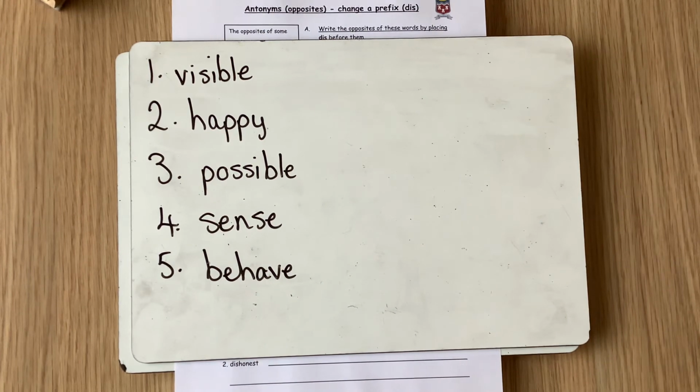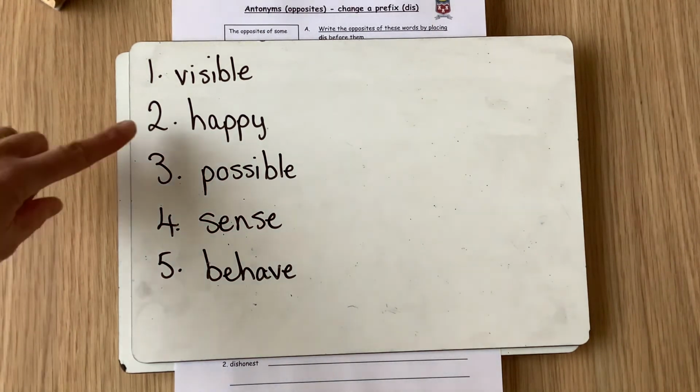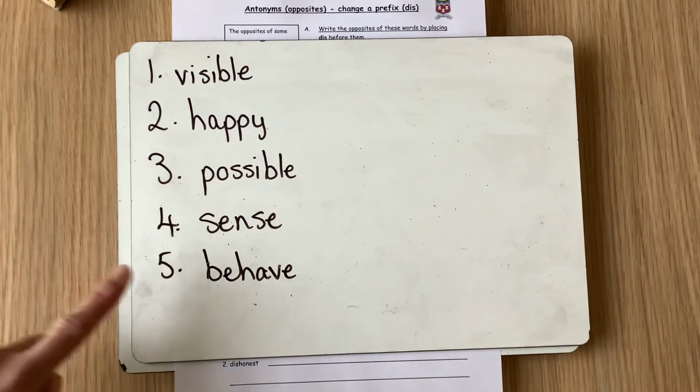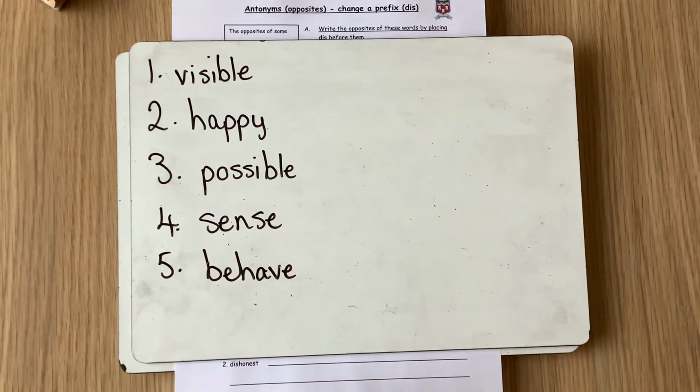What could you put in front of visible? What could you put in front of happy? What could you put in front of possible? What could you put in front of sense? And what could you put in front of behave? If somebody's not behaving themselves, they are... Well, can you work out which prefix might go in front of each of these words? It's not dis.